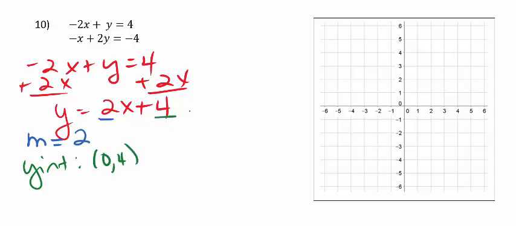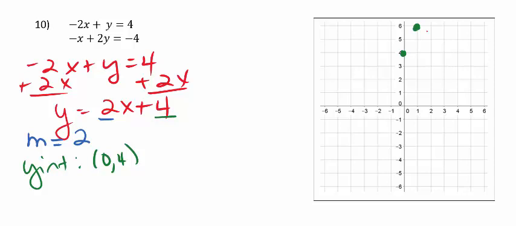So I'm going to go ahead and plot the point 0, 4 on my graph, and I'm going to use the slope to find more points. If the slope is 2, that's the same as 2 over 1, so that means I'm going to go up 2 to the right 1 to find another point. Now that I've plotted my first point, I can see that if I continue going up 2 over 1, I'm going to be off the coordinate graph.